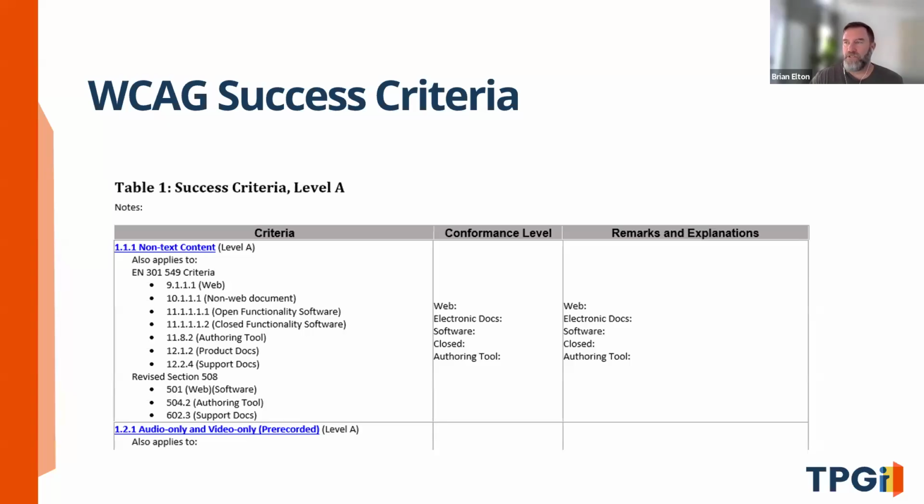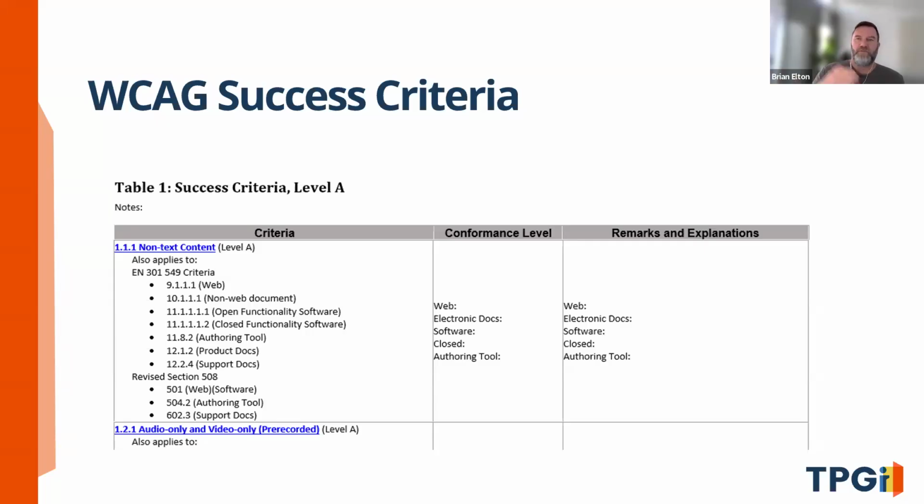So each success criterion in WCAG is in a table along with a cell for the conformance level and for remarks and explanations. On screen, we can see the very first WCAG success criterion is 1.1.1 Non-text Content.